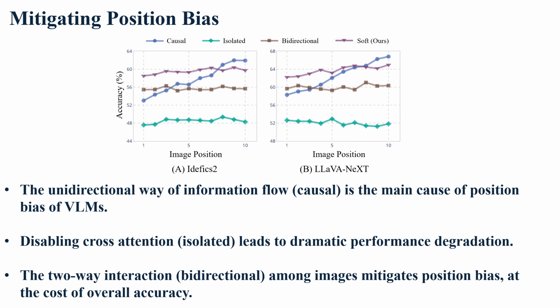Here we conduct a preliminary experiment using the 3 masks on the PQA task, and from this figure we can see that only the performance of the causal mask decays from back to front, exhibiting recency bias, while for the other masks, the accuracy across positions is much more balanced. This indicates that causal attention is the main cause of position bias in vision language models. The isolated mask leads to a dramatic performance degradation, and the bidirectional mask can also mitigate position bias, but at the cost of overall accuracy.